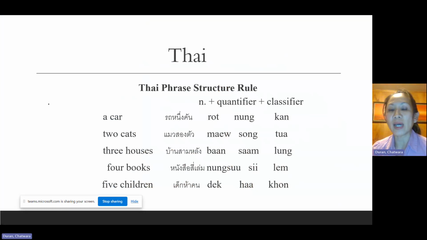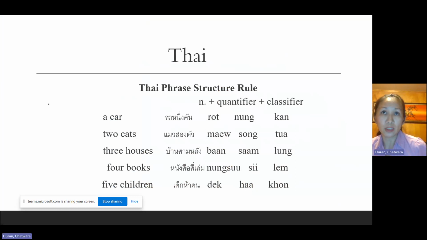The word car in Thai is rot. The quantifier one is nung. Now, it doesn't end there. In Thai, to make the full phrase that equals a car in English, you need another word, which is a classifier. Each noun in Thai has its designated classifier.